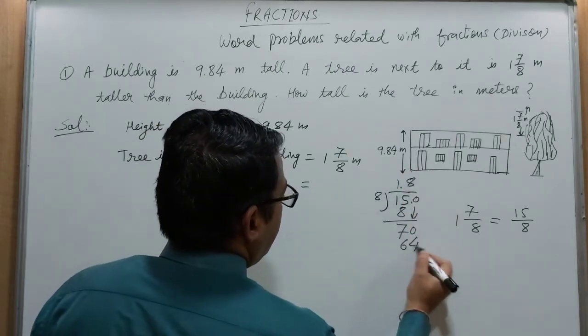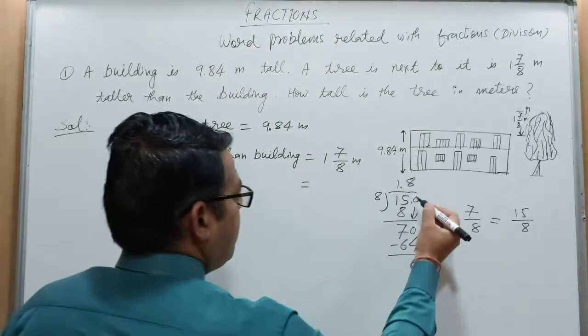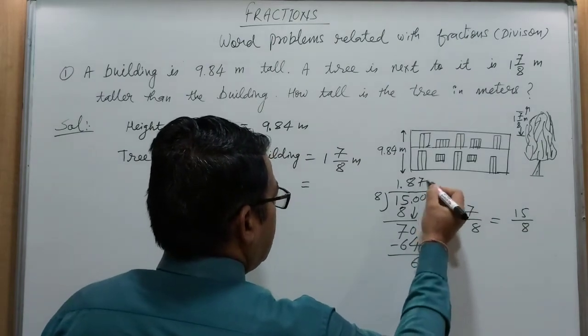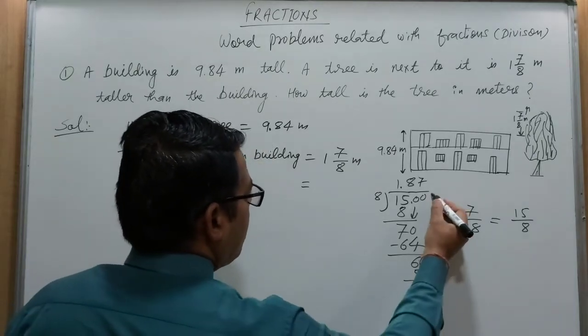Then after subtraction we have 6 here, and we can put one more 0.